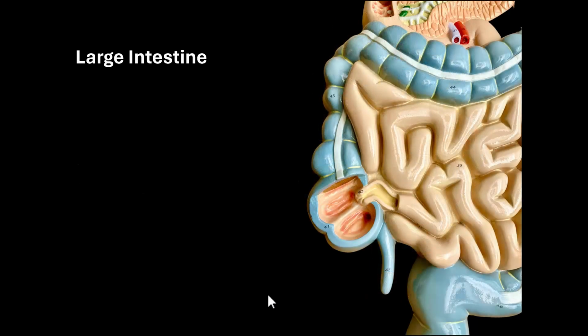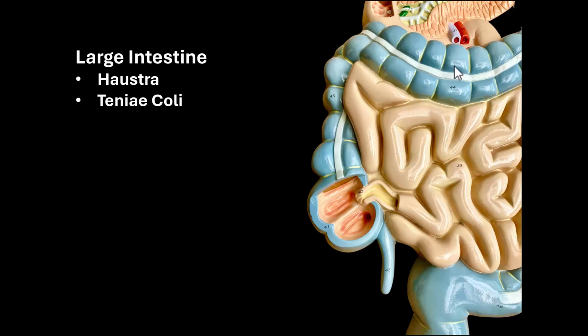Taking a little closer look here, these puckerings are going to be called haustra. So haustra are the puckerings. This, which looks like somebody put down a piece of pinstriping or tape right there, is called the tinea coli.